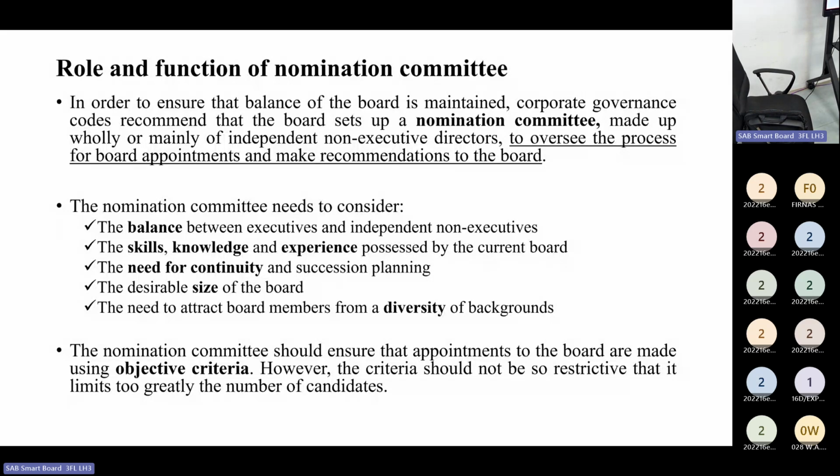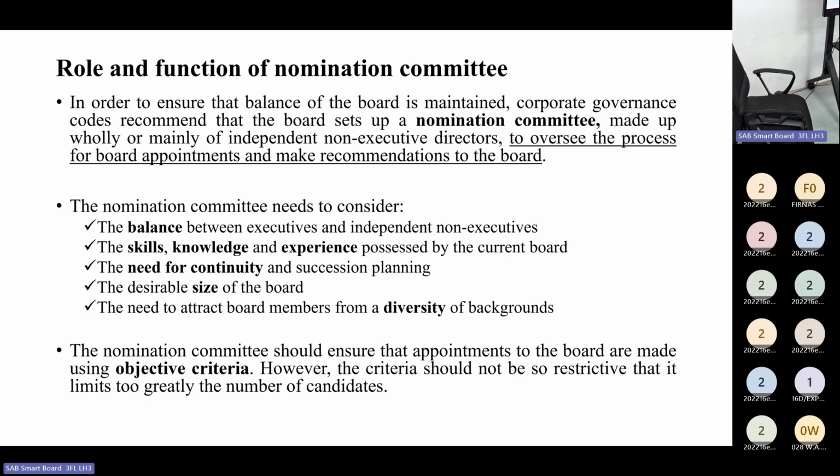So they search for who are the people known in this area. The nomination committee is always searching for board members that you can bring to the board, and also executives who can be promoted to the board.